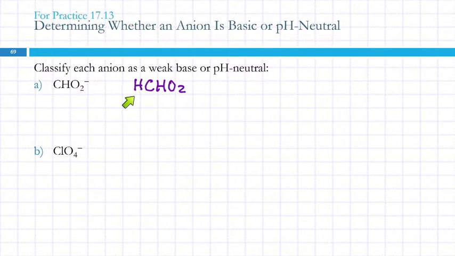And that may or may not look like an acid to you, but it does start with H. Is it a strong acid? No, it's not one that's on the list. Therefore, it's a weak acid. So this is a weak acid. What does that make the anion?